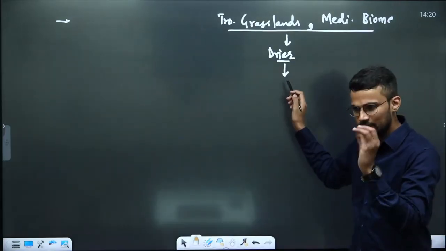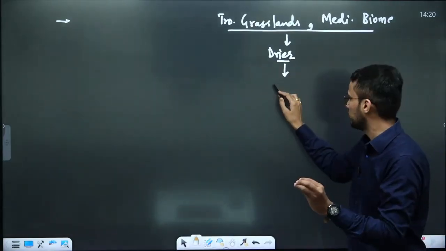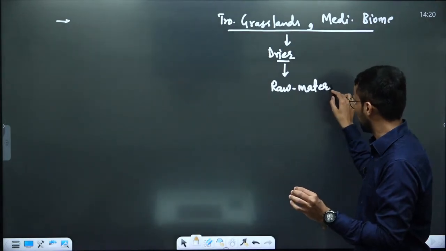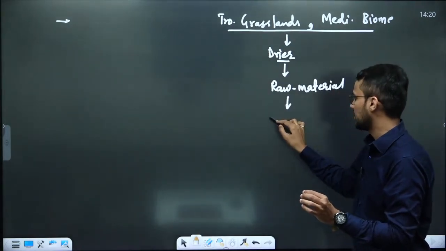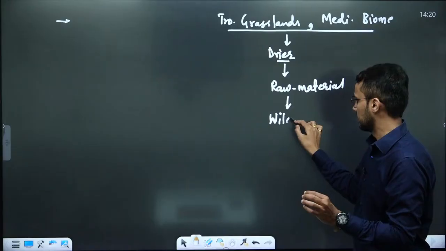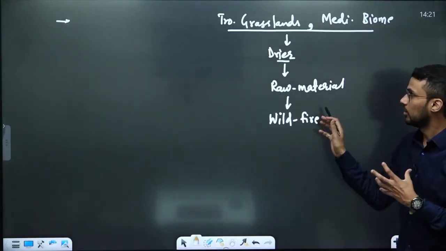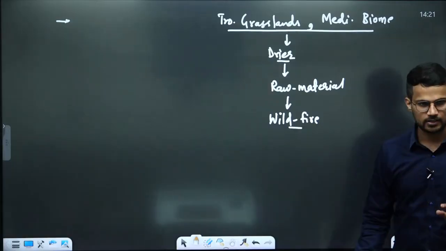So in these areas we have drier conditions, we have availability of raw material, and that's why there is more chance of wildfire. There is more chance of wildfire in these areas, right?